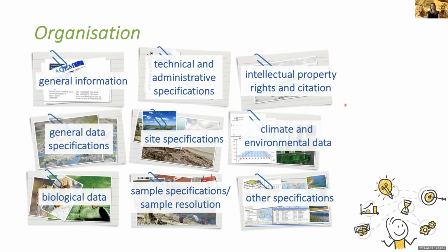So who can use the data, and what are the citation rules, for example, or what restrictions are on this data. And then we collect, depending on which kind of data you submit to the metadatabase, data about the biology, about how the samples were taken, and about climate and the environment.